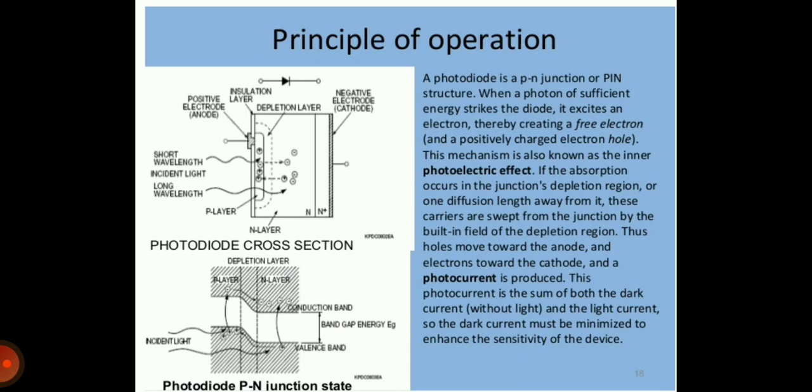If absorption occurs in the junction depletion region or one diffusion length away from it, these carriers are swept from the junction by the built-in field of the depletion region. Thus, holes move towards the anode and electrons towards the cathode, and photocurrent is produced.